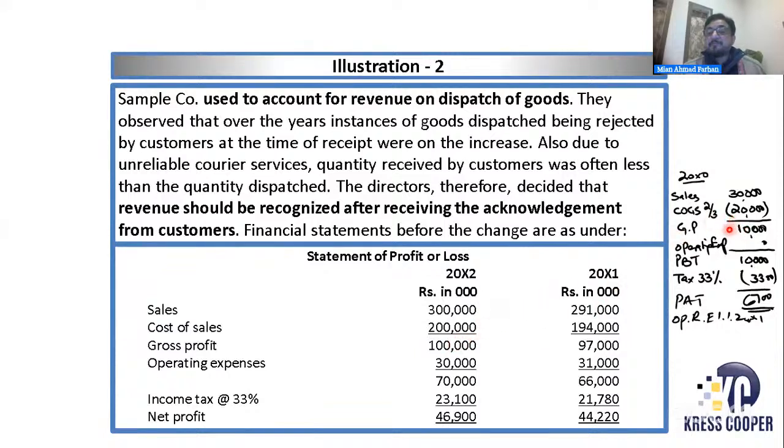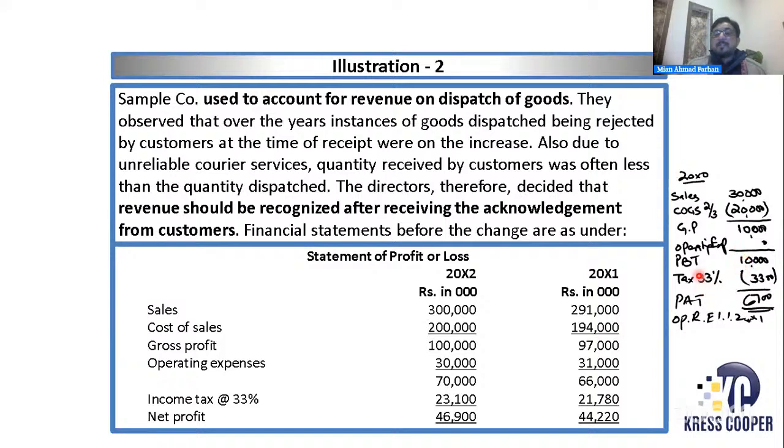Okay. The impact of gross profit of the previous year not presented will be reflected in the opening balance of the presented financial statement or the presented period, earliest presented period. Earliest presented period is 2000 X1 in this case.